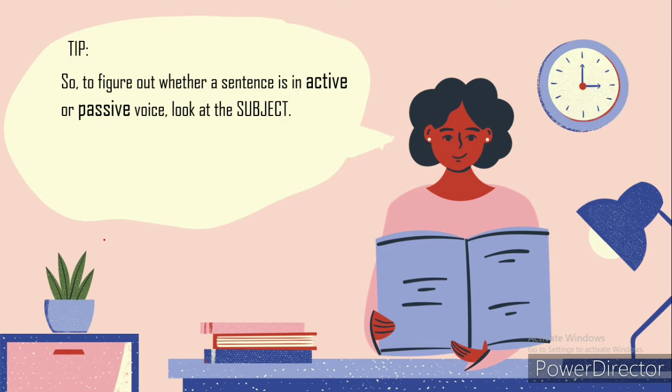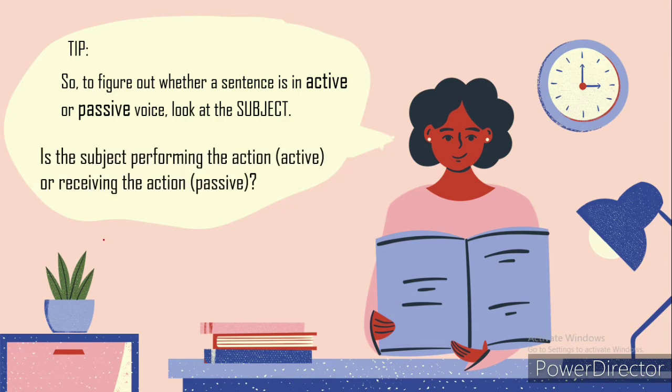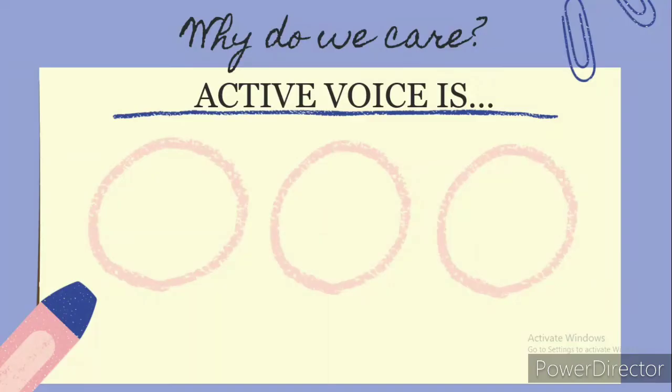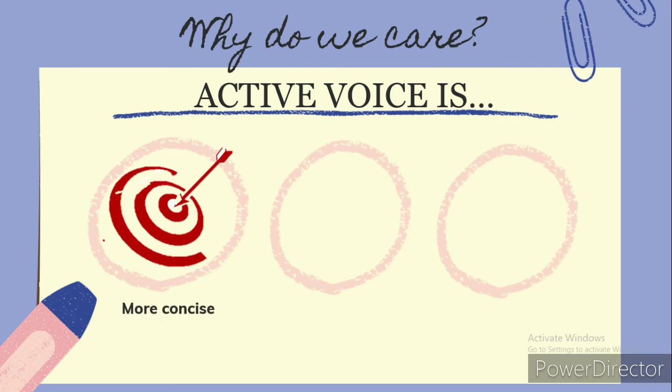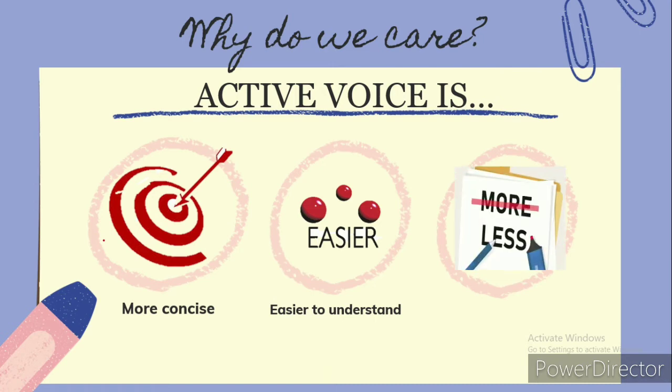Is the subject performing the action or receiving the action? But the question is, why do we care? It is because active voice is more concise, clear and brief, easier to understand, and less work for your readers.